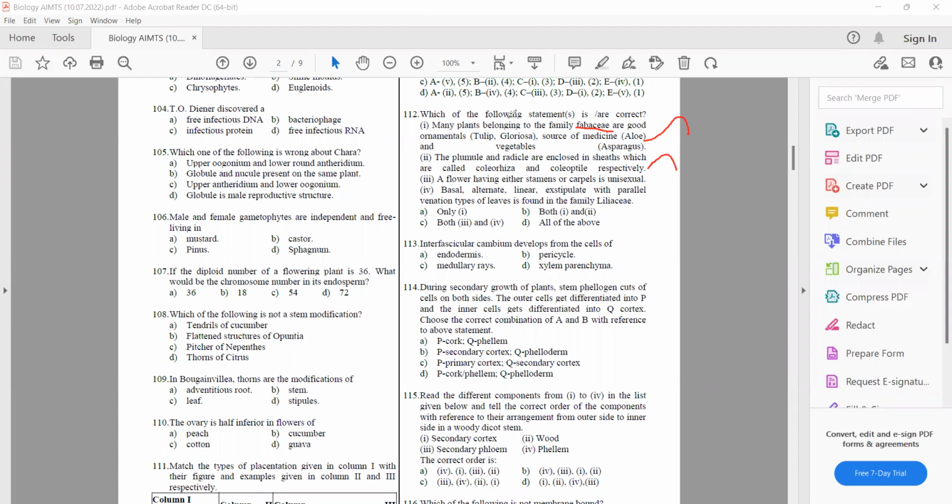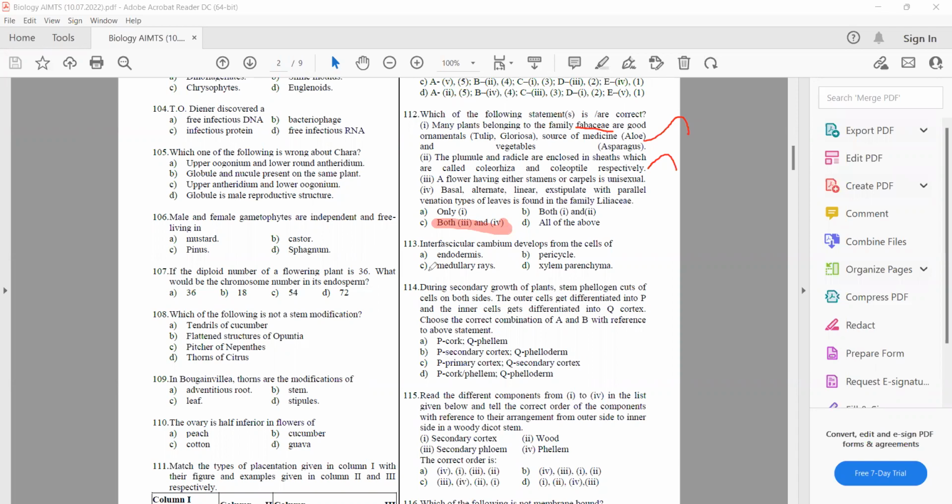So the right statements will be third and fourth. A flower which has either stamen or carpel is unisexual. Yes, and basal alternate linear exstipulate leaves with parallel venation belong to the family Liliaceae.